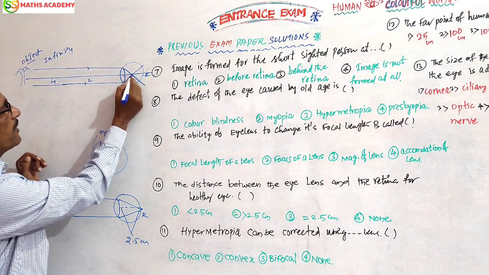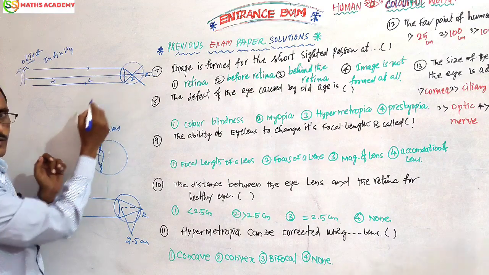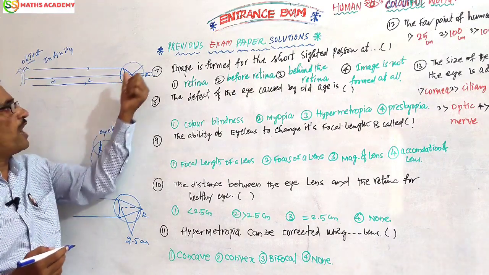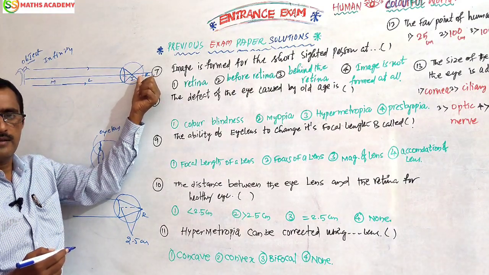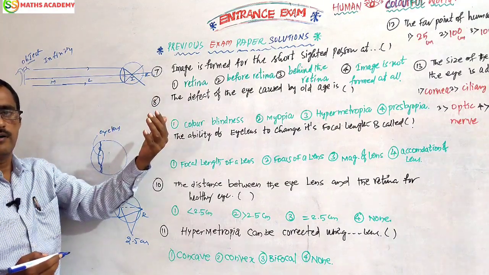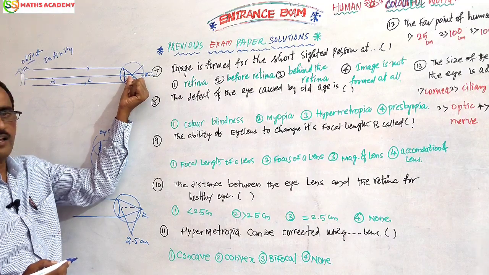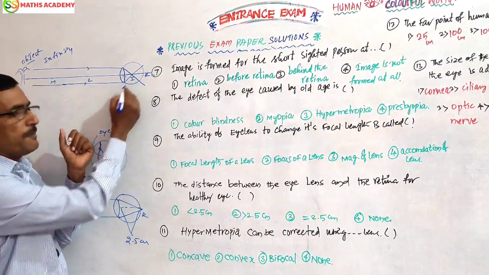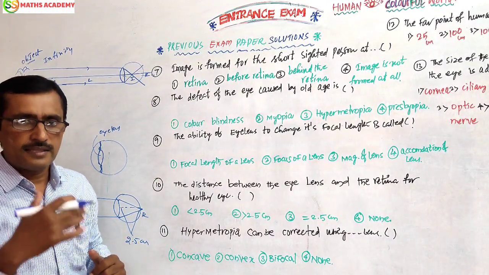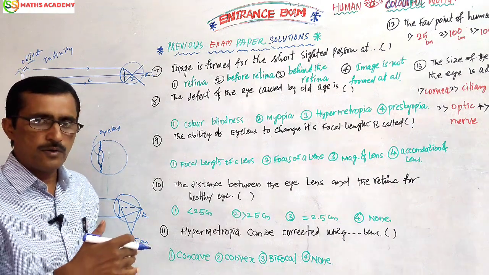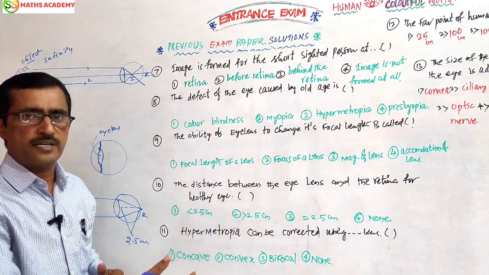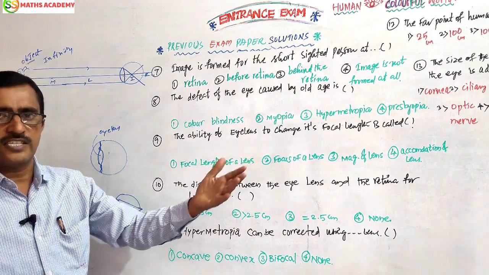The image is formed in front of the retina. Actually, the image should form on the retina, but the person has myopia. Due to myopia, the image is formed in front of the retina. So if the image is formed in front of the retina, the person is able to see front objects, near objects. He cannot see far distance objects.